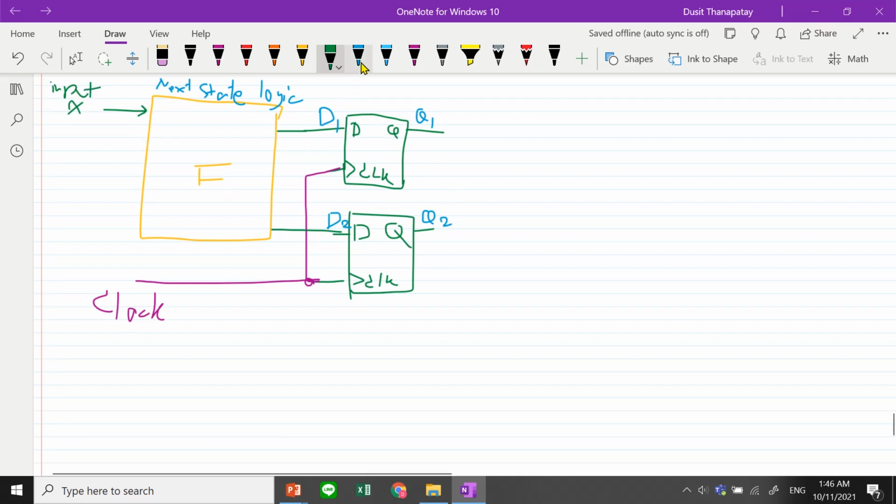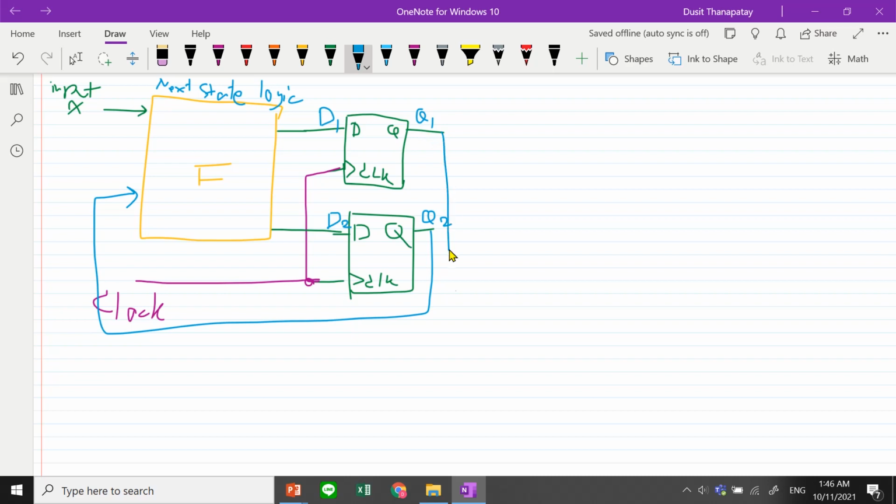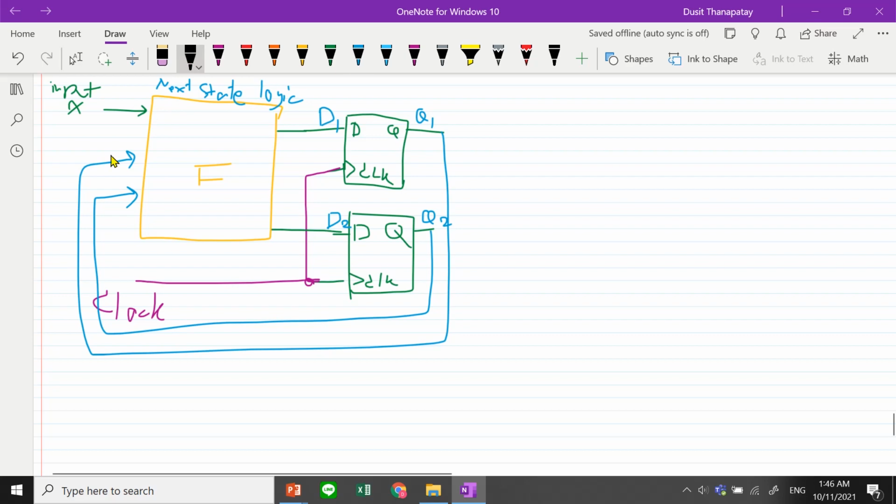And normally the output of the flip-flop will feed back to be input of F, namely Q1, Q2. So the input of circuit F, or next state logic, will come from external input and state variables Q1, Q2.